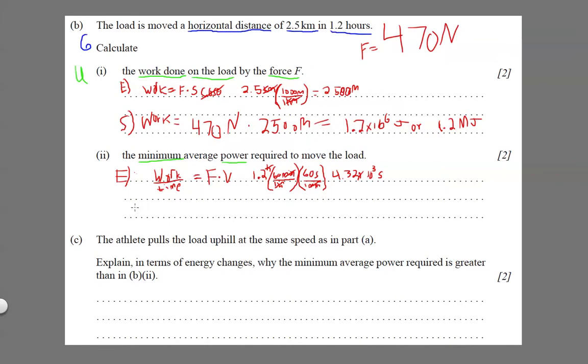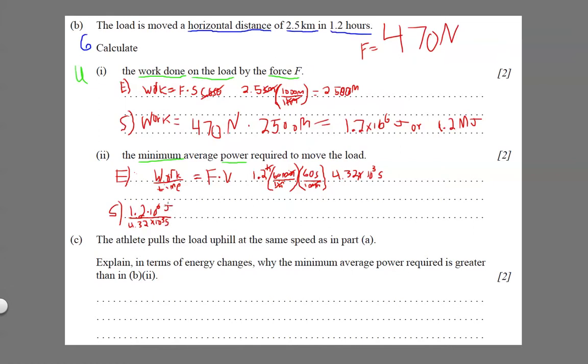Now what I do is take the work and divide it by time. This is my solve step. I have 1.2 times 10 to the 6th joules. I'm going to convert it back to joules because power is actually joules per second, which is watts. So 1.2 megajoules is 1.2 times 10 to the 6th joules, divided by 4.32 times 10 to the 3rd seconds.